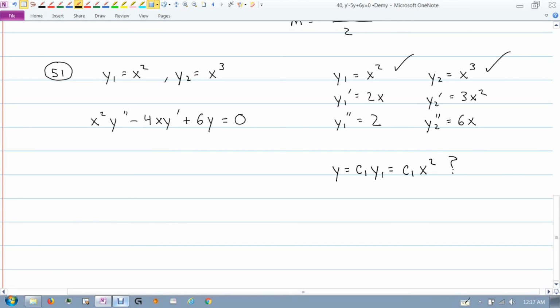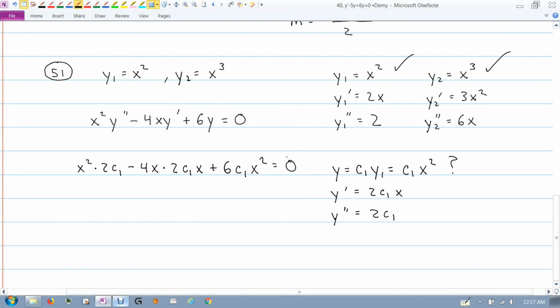The question is, is that a solution? Okay, so let's take the derivative. y prime would be 2c1x, and y double prime would be 2c1. So checking in here, we'd have x squared times y double prime, which is 2c sub 1, minus 4x times y prime, which is 2c sub 1x, plus 6y, and 6y would be 6c1x squared.